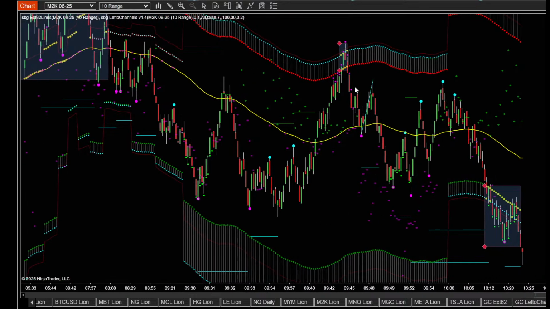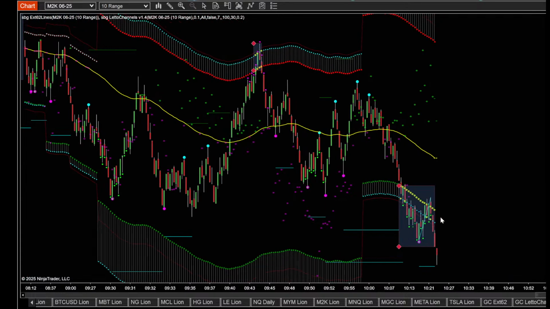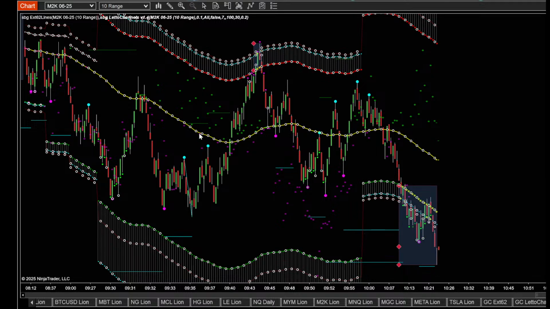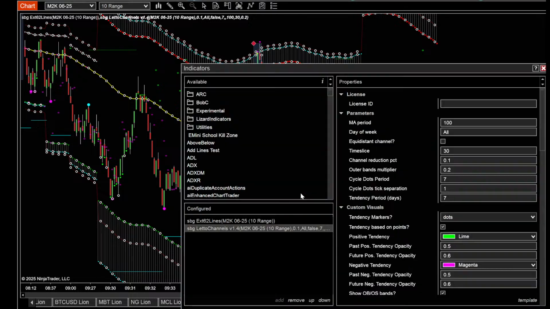But it's interesting. So we got an overbought here. We have oversold now. Could be a buy signal right there. The histograms can be dots or histograms. That's a setting right here.